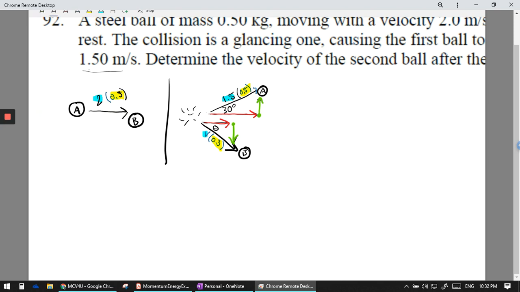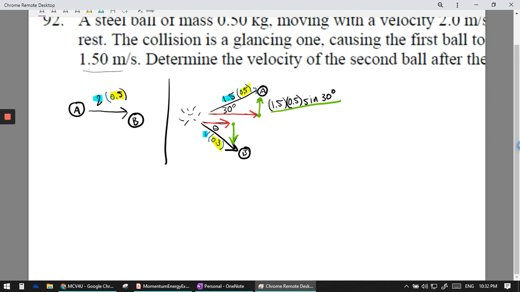This green vector, according to our trigonometry, is equal to 1.5 times 0.5, which is the hypotenuse of this right triangle, times the sine of 30 degrees. That's that green vector there. Actually, I should have written that in green, but I didn't.